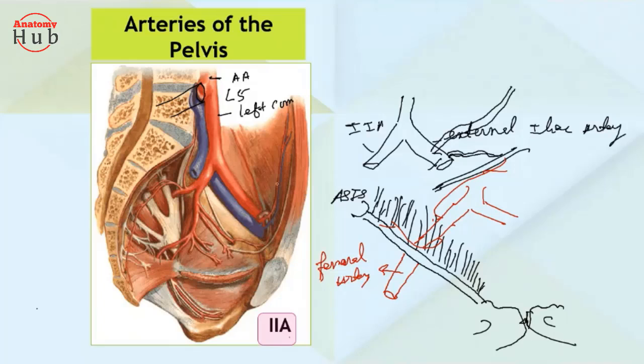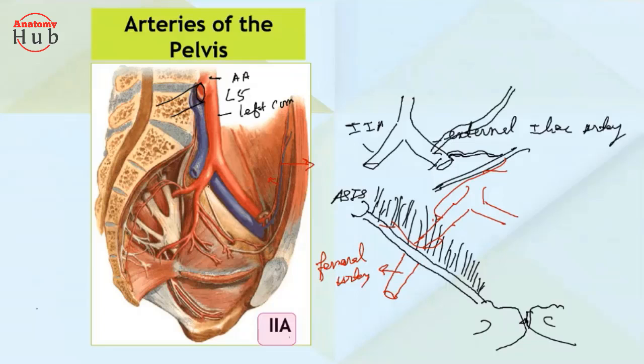So this is your inferior epigastric artery. This inferior epigastric artery actually anastomoses with the superior epigastric artery, which is coming from your internal thoracic artery, from the subclavian artery.